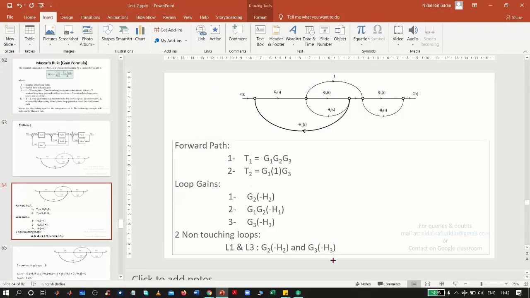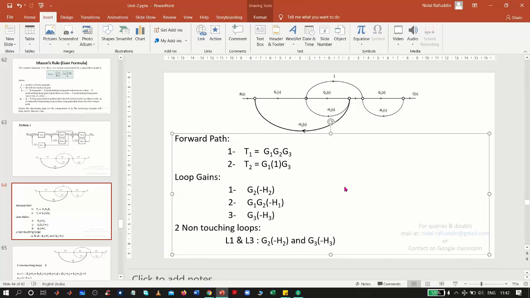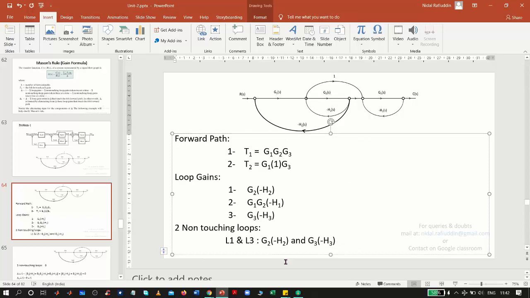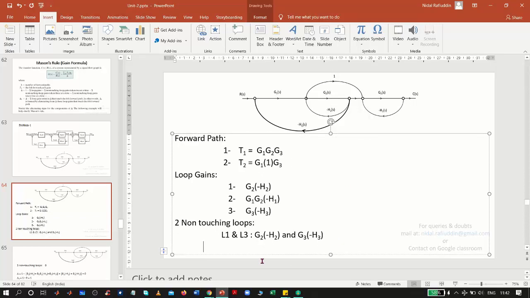So I'll be writing one more loop, the second pair of loops.